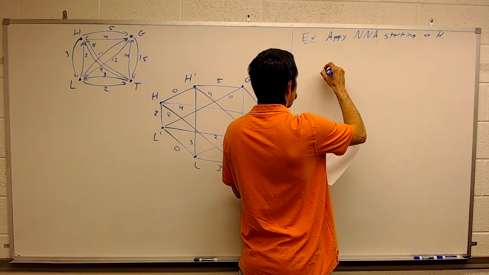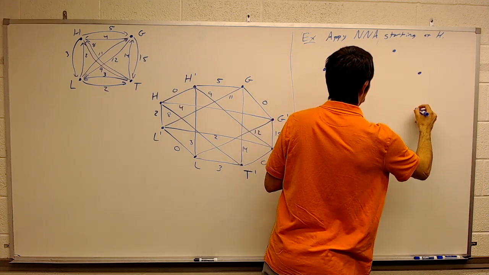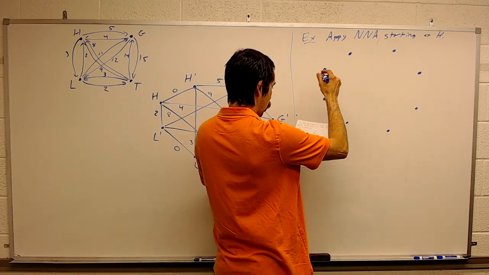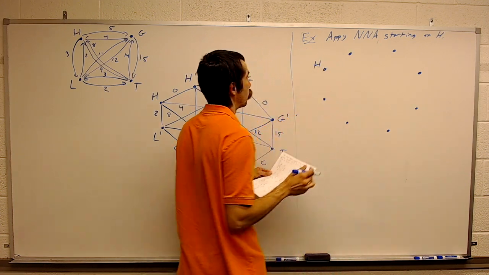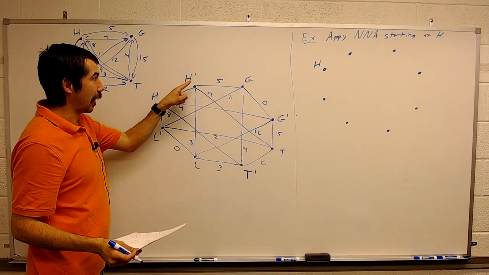All right, so here's our clone graph. And we're starting at H. What is the nearest neighbor to H? It's H prime.